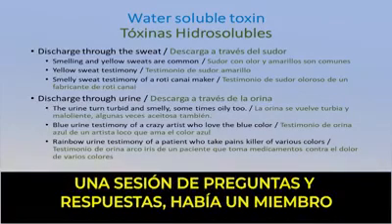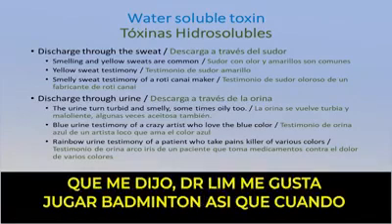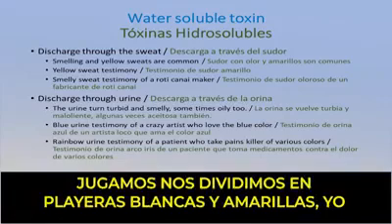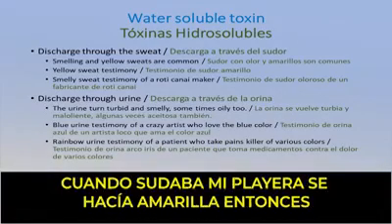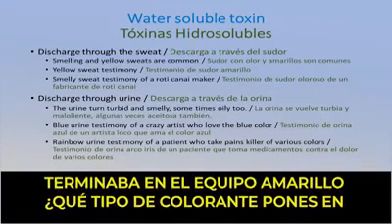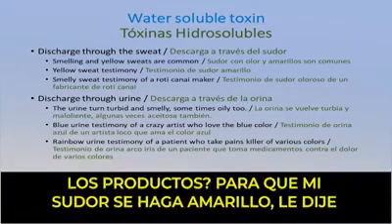One night during the Q&A, one member said, Dr. Lim, I like to play badminton. In our badminton, we divide into the white shirt team and the yellow shirt team, and I'm in the white t-shirt team. But after taking ganotherapy, when I sweat, my t-shirt becomes yellow. Then I become the yellow team. What type of color do you put into your products to make my sweat turn yellow?